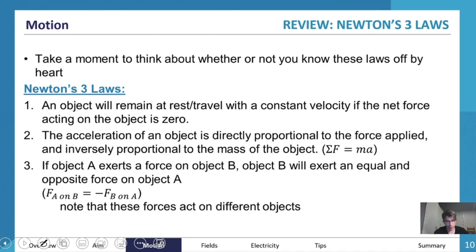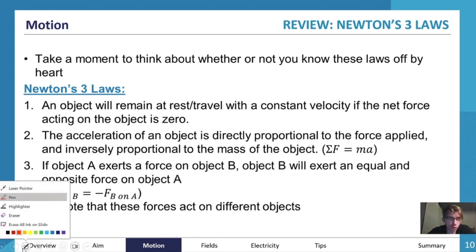They cancel each other out. Hence, I do not accelerate in the vertical plane. Same thing for the horizontal plane. If a car is traveling at a constant velocity, it means that the net force from its acceleration equals the friction force, right? Hence, it's traveling at a constant velocity.